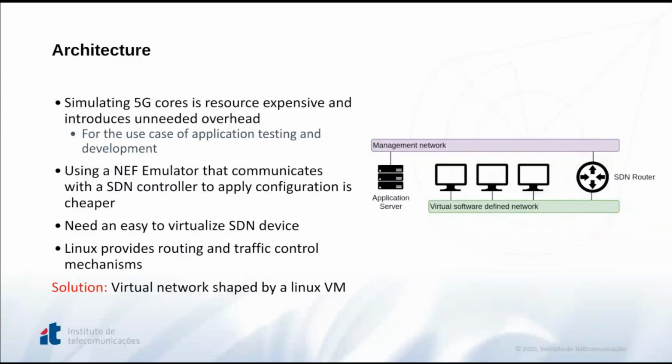And for the use case of application development in specific, this is not needed because many of the times the developers only want to verify that when they run the operation, for example, quality on demand, they see the new QoS profile being applied.